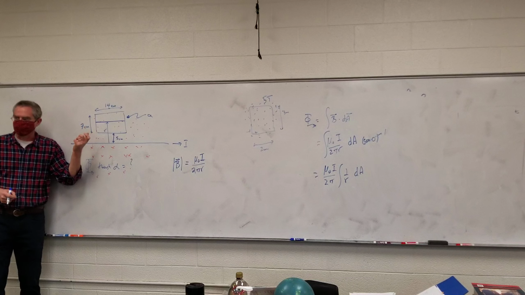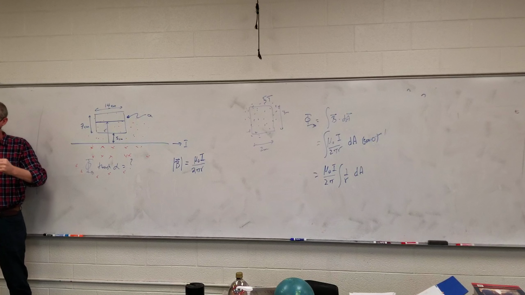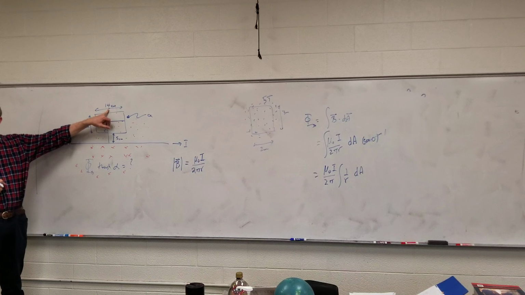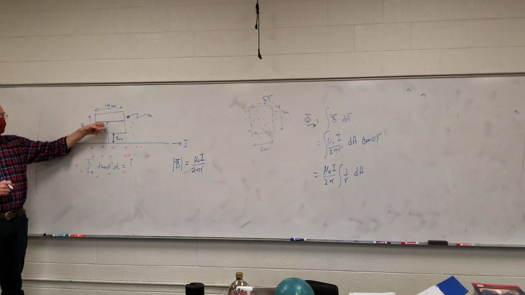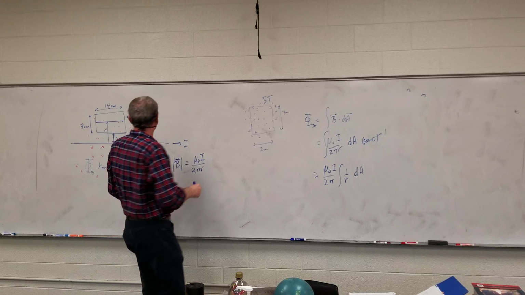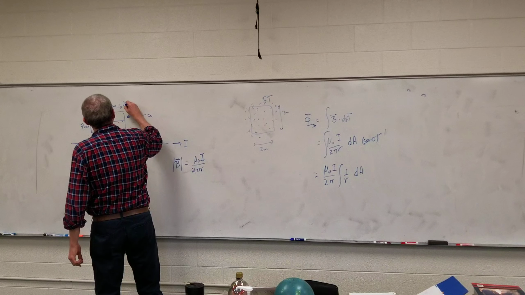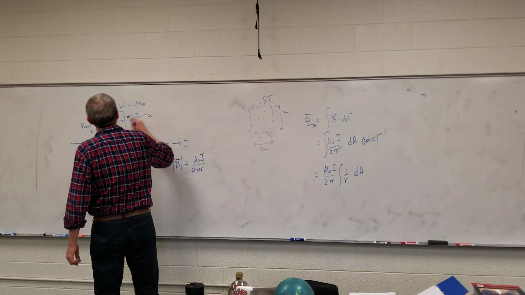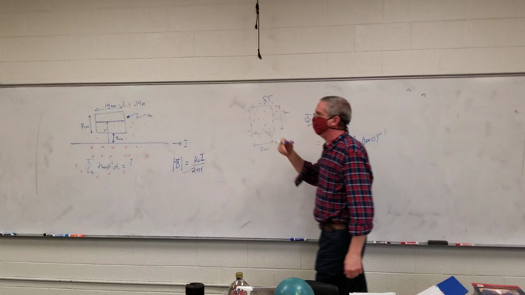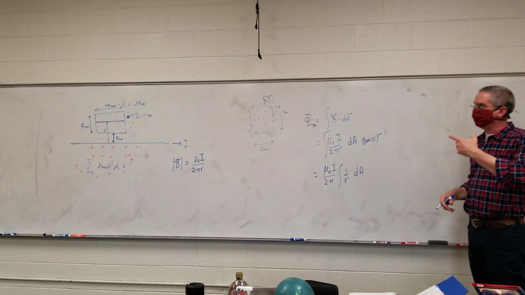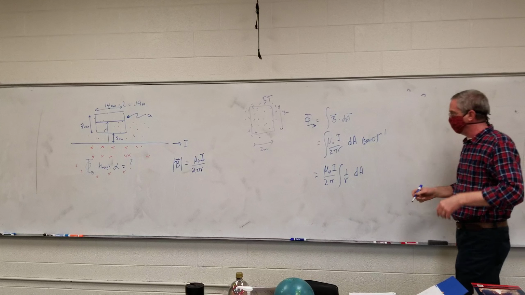Well, it's just a rectangle. It's just a really skinny rectangle, but it's still a rectangle. So the length of my rectangle is 14 centimeters. What's the width of my rectangle? dr. Yes, it is. I'm going to leave L in it just because it's less writing than 0.14, but L is a constant here.